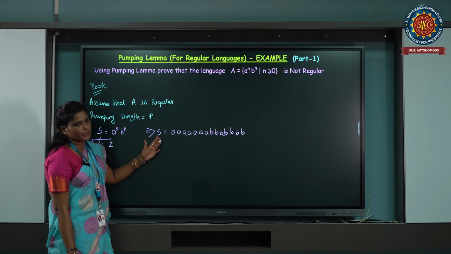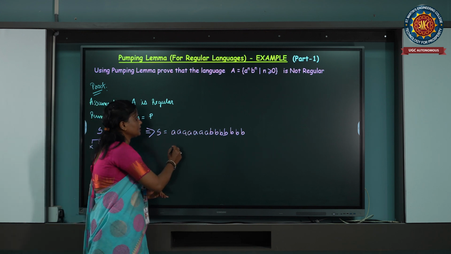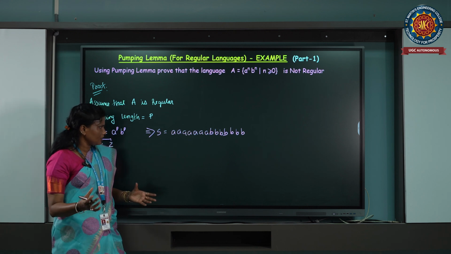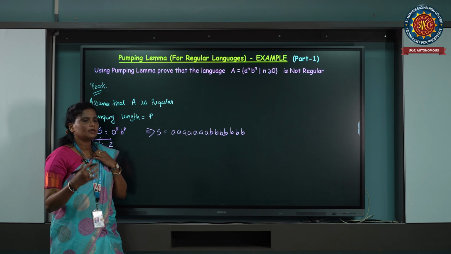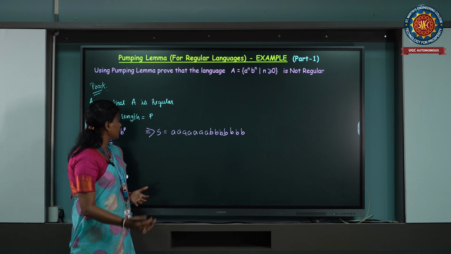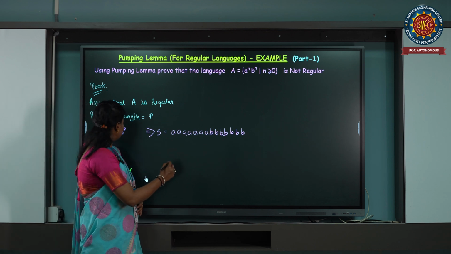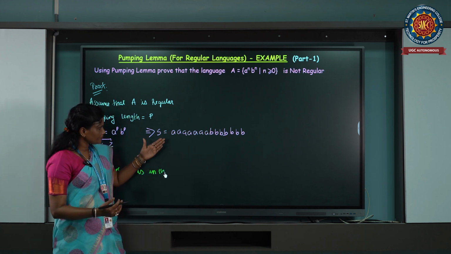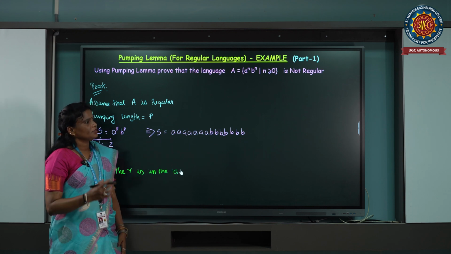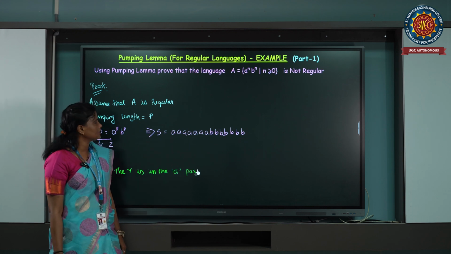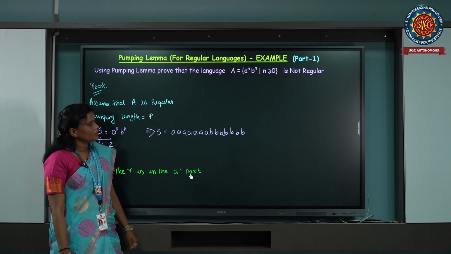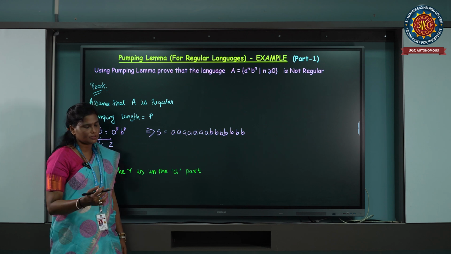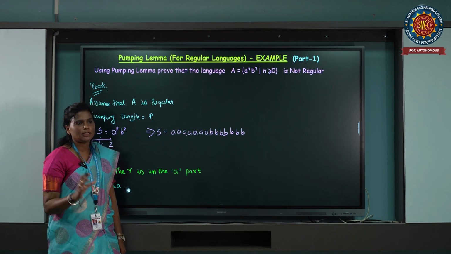Now this string should be divided into three parts, that is X, Y and Z. Whatever number of A's and B's, we will divide as X and Y. I am taking these strings in three different cases. In the first case, Y should be only one symbol, that is A. In the second case, Y should be only B's.